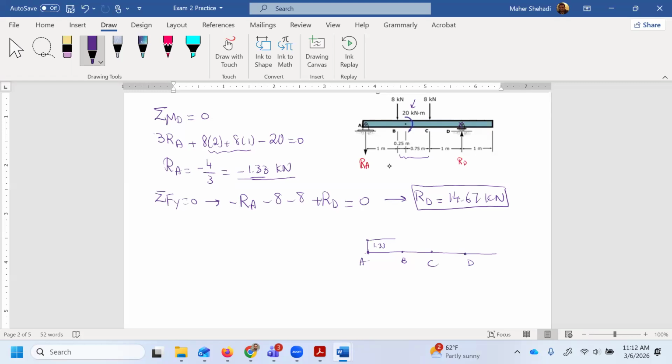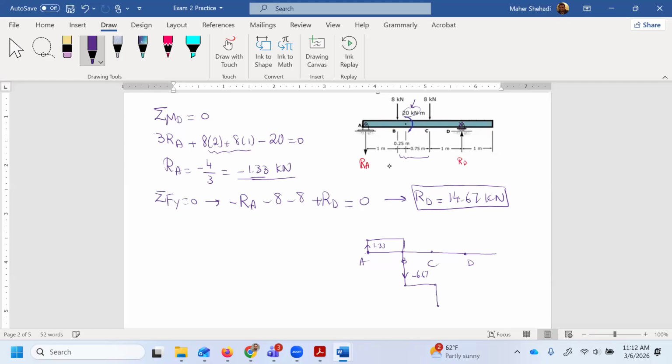And then I will continue straight until I hit the second critical point at point B. I will move down by 8, so that would be minus 6.67. And then continue straight till point C. Again, I skipped this because it doesn't create any shear.